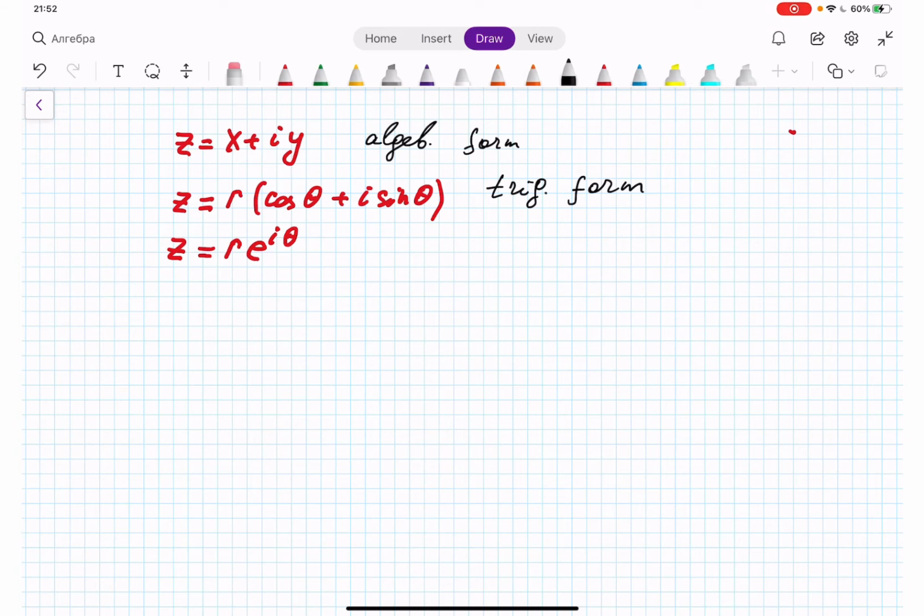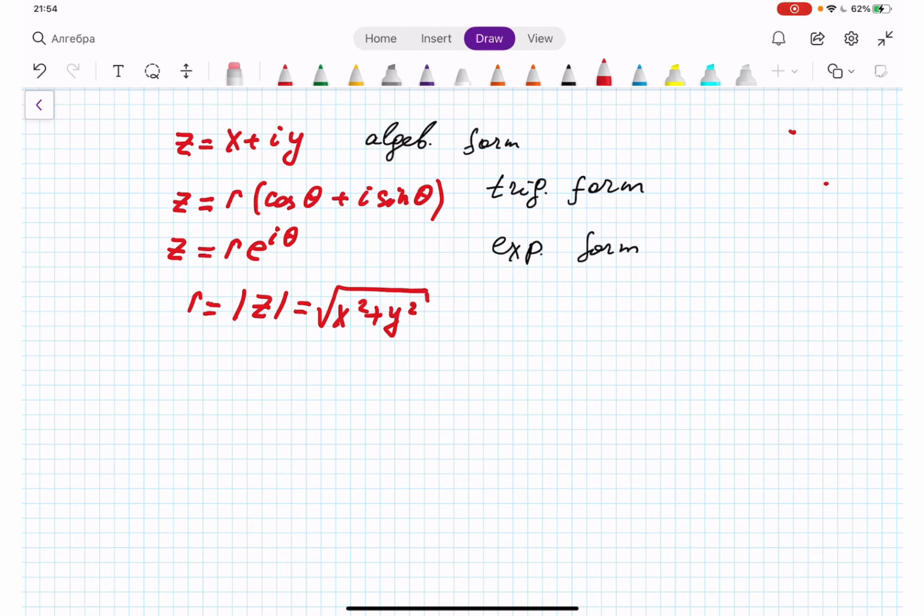This is exponential form. Okay, and in the trigonometric form and exponential form, our r radius is equal to the absolute value of z complex number, and it is equal to square root of x squared plus y squared.